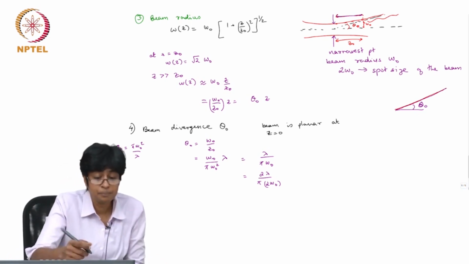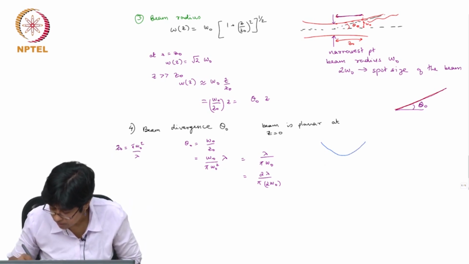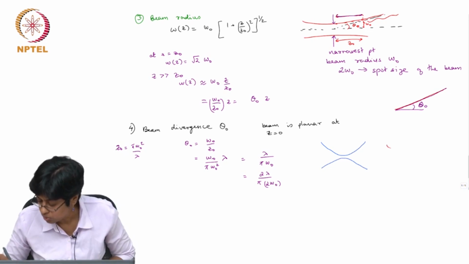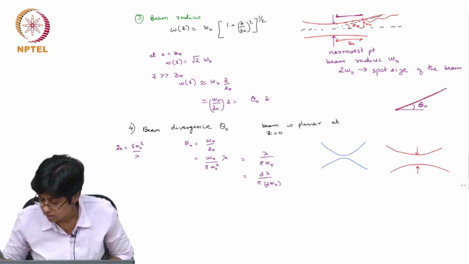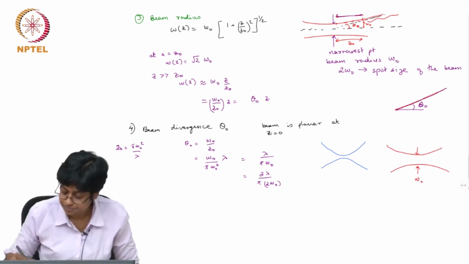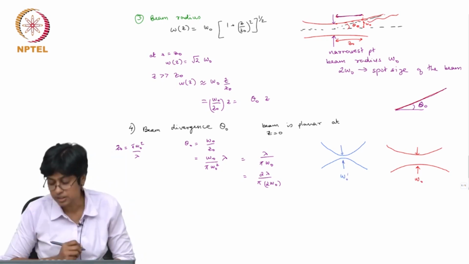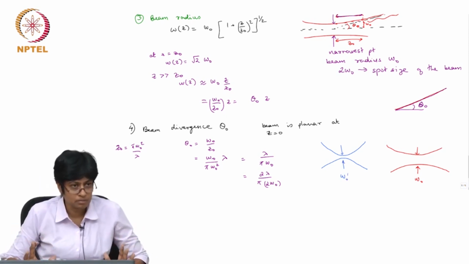If I had a beam with a very small omega naught as opposed to a beam with a larger omega naught. So this is omega naught. This is, let's call it omega naught dash, just to show it's different. These are two different Gaussian beams.